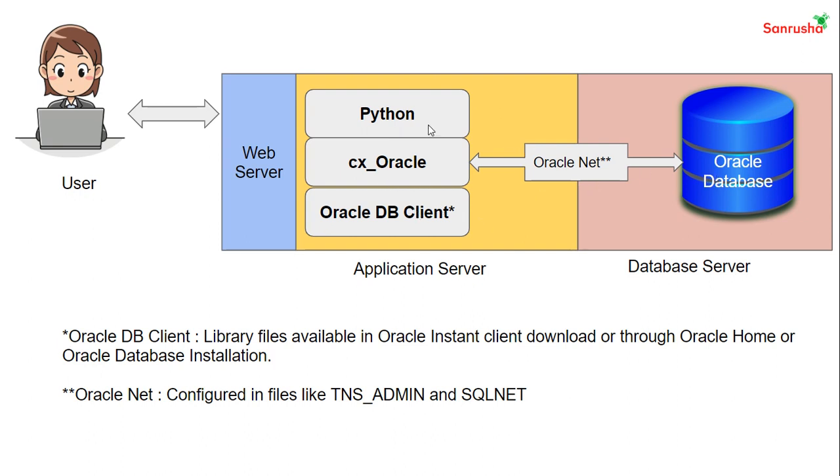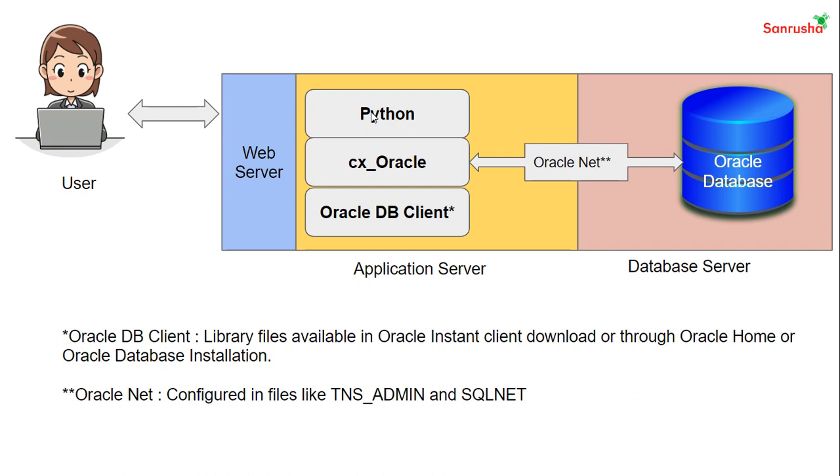Now, how will your Python application connect to these libraries on your application server? That is an interesting piece. That is where Oracle provides the cx_Oracle library, a Python library. You will have to install this cx_Oracle Python library on your application server, and you need to import that library in your Python code, right?